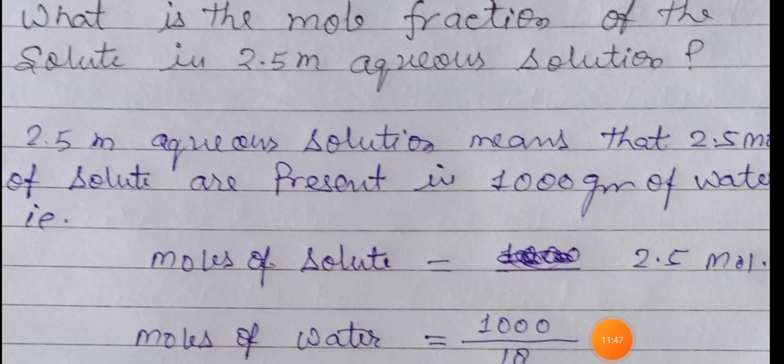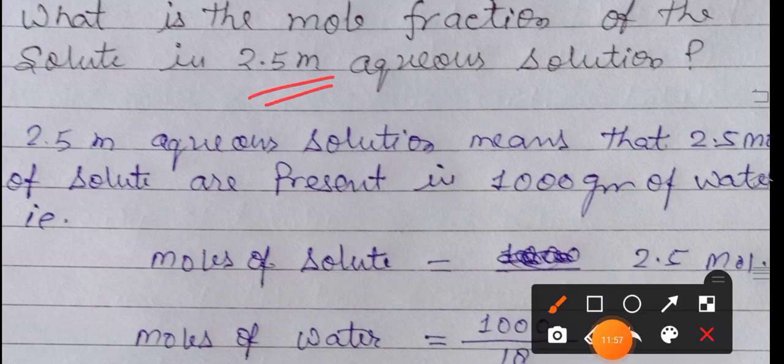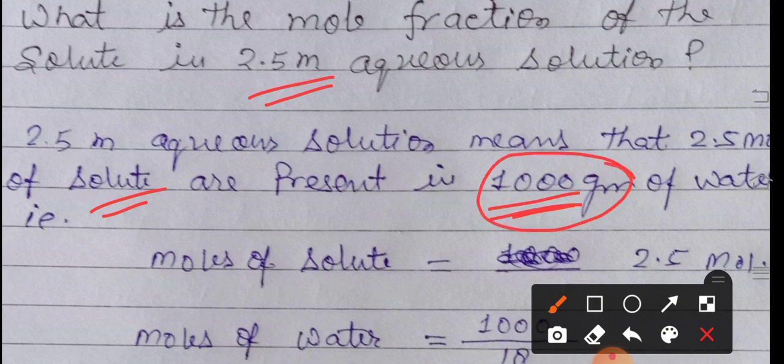Now in this question, what is the mole fraction of the solute in 2.5 m aqueous solution? Here molality is given for the aqueous solution. 2.5 m aqueous solution means that 2.5 moles of solute are dissolved in 1 kg of water, that is solvent, or 1000 gram of water.